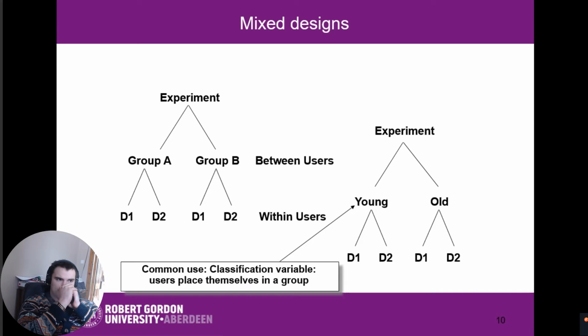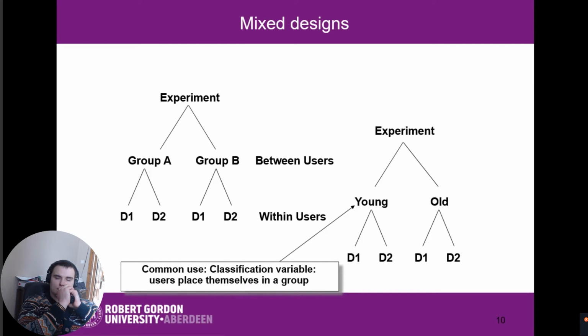Now, what would make us put them into different groups? Well, I said randomly allocate. What would be most likely is that they could be young and old. So group A is young people, group B is old people. Or it could be experienced, inexperienced, because we think that is important.